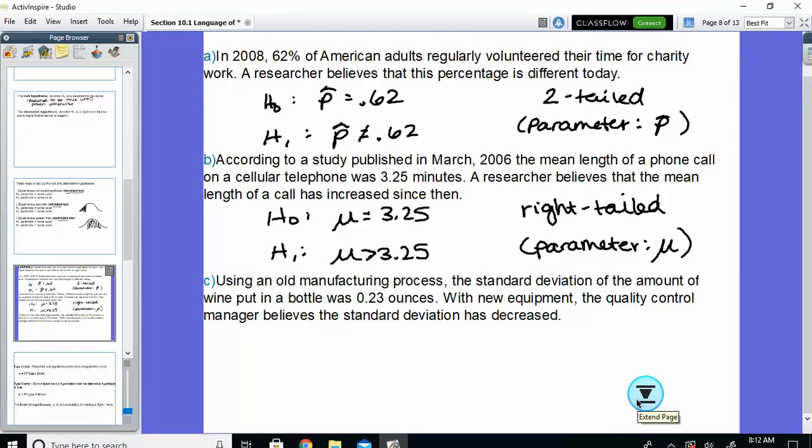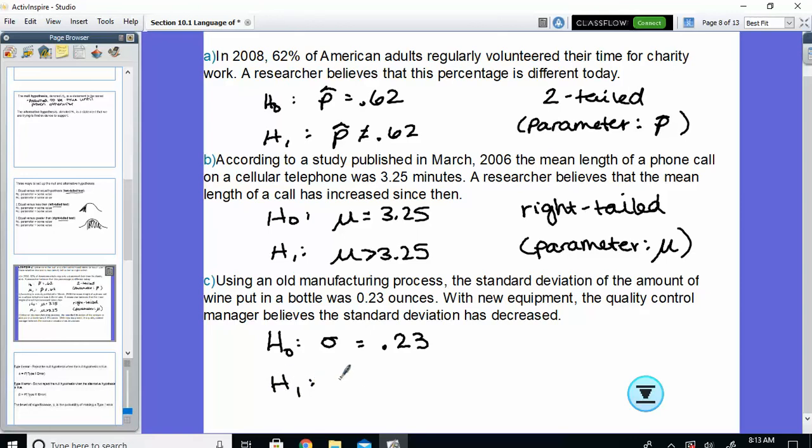C. Using an old manufacturing process, the standard deviation of the amount of wine put in a bottle was 0.23 ounces. With new equipment, the quality control manager believes the standard deviation has decreased. So what is my null hypothesis? 0.23. So for standard deviation, we use sigma. So my null is that sigma is equal to 0.23.